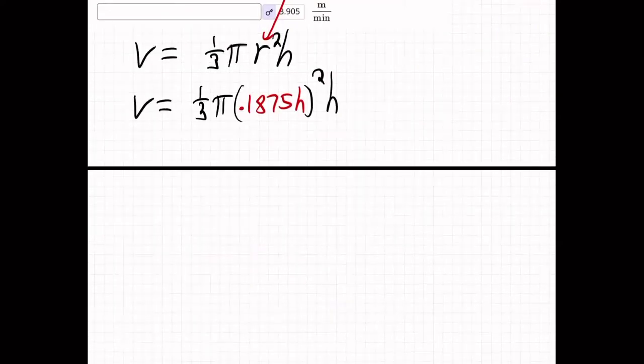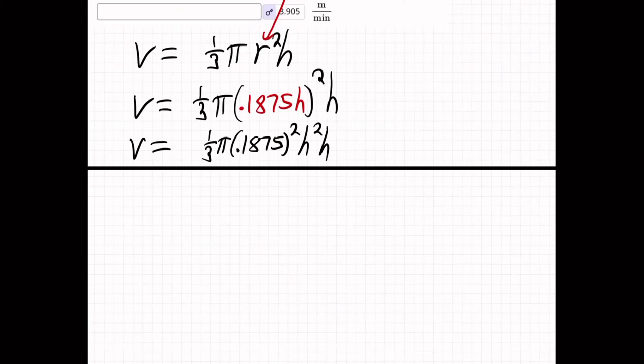And now I can simplify that a little bit. So this will be V equals 1/3 pi, and I'm just going to leave this 0.1875 squared, then H squared H. All right? Does it help if I put in red? H squared H. Okay.